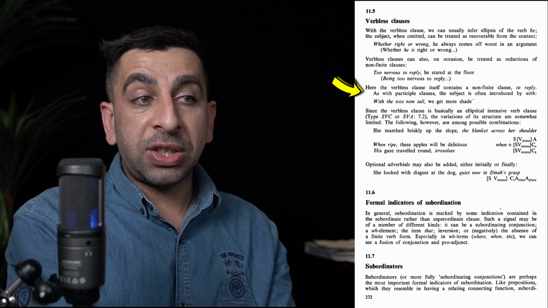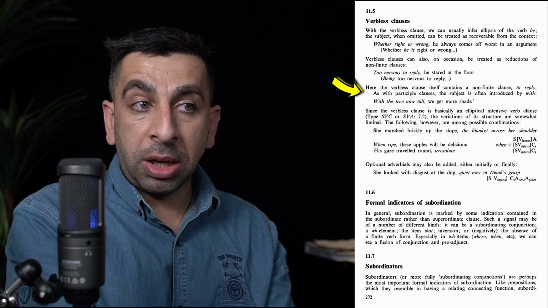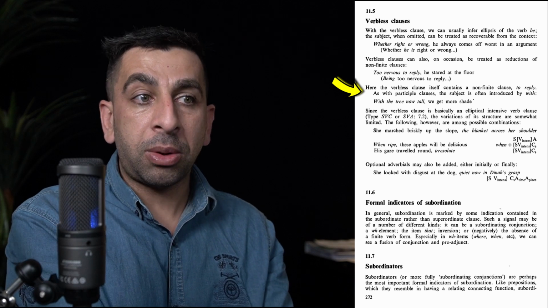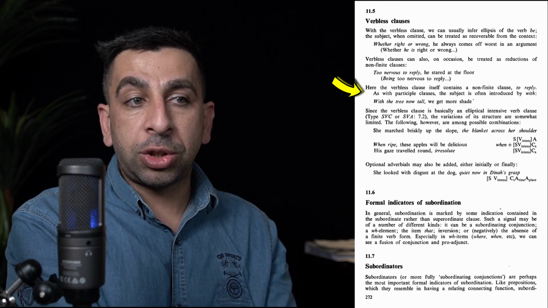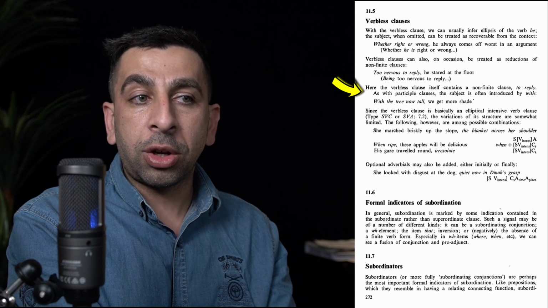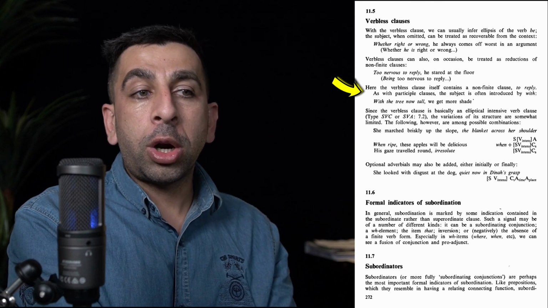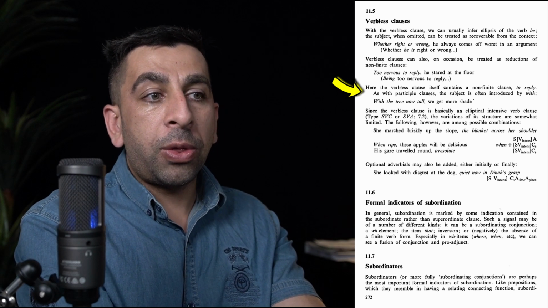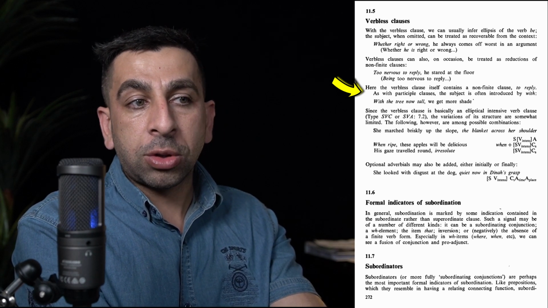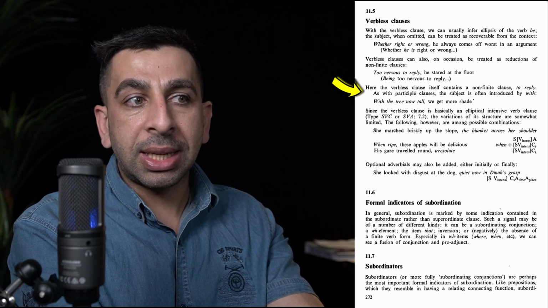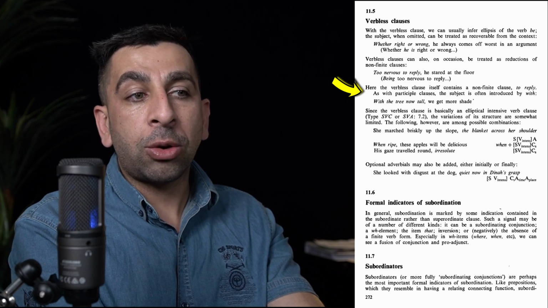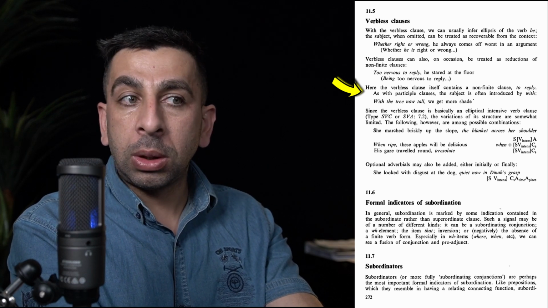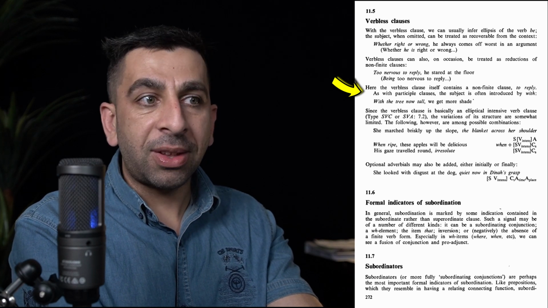As with participle clause, العبارات هذه اللي هي participle, the subject is often reduced or undergoes reduction or sometimes introduced. يقدم مثلا: with the tree now tall we get more shade. With the tree now tall, the tree هذا subject.